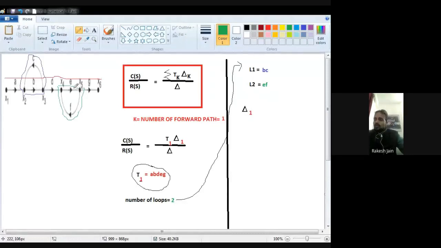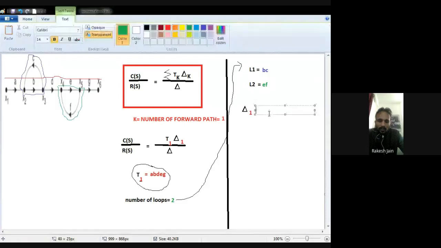So both loops touch the first forward path. Here only one forward path is there. Then what is the value of del 1? When all the loops touch the forward path, the value of del 1 is equal to 1, because both L1 and L2 touch the first forward path.